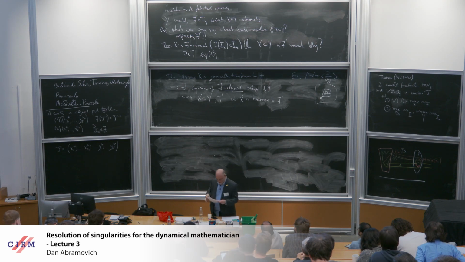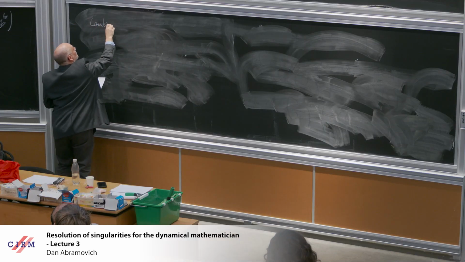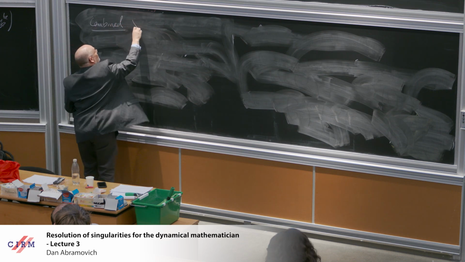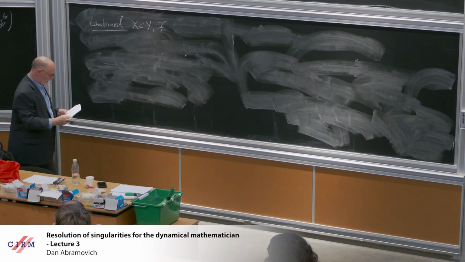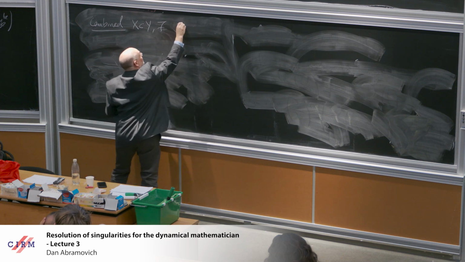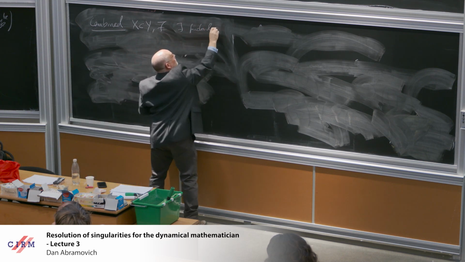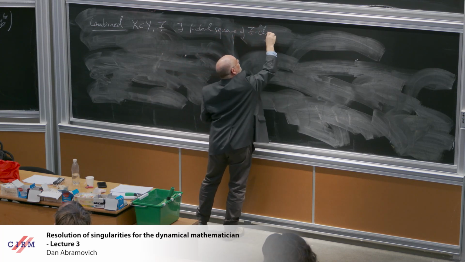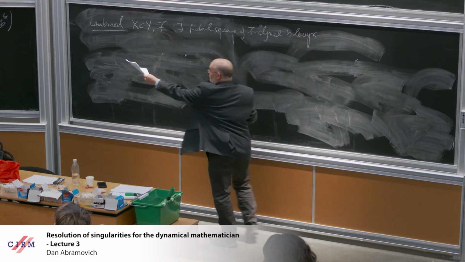So, combined theorem: if X inside Y is a singular subvariety of a foliated variety, the foliation can be very singular again, there exists a functorial sequence of F-aligned blowups of centers like that.